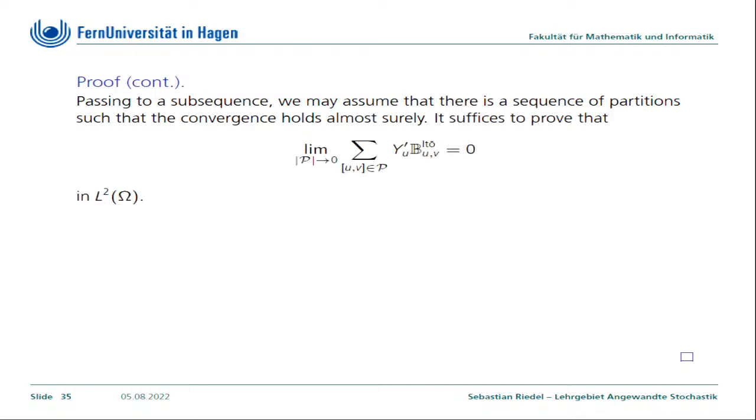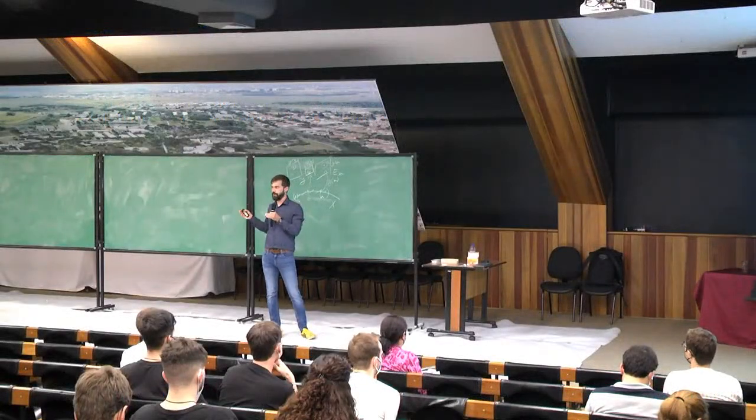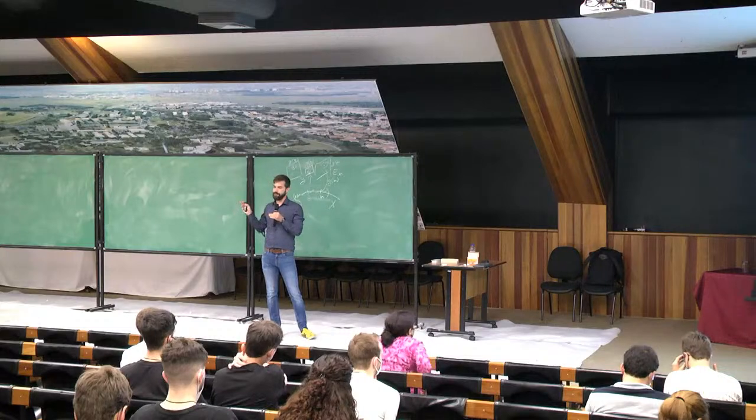Okay, so let's assume that we have this subsequence. And so what is sufficient is to prove that, okay, what are the differences of these two integrals here? So both integrals you can define as a limit of Riemann sums, but for the rough integral, what you also needed was this compensator.